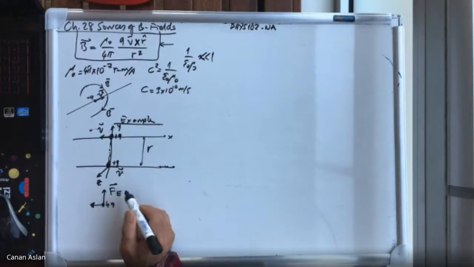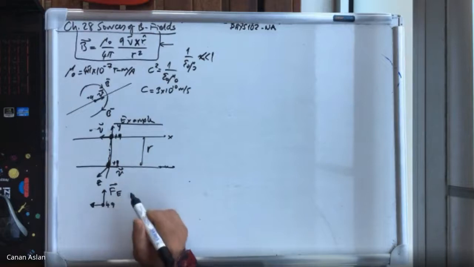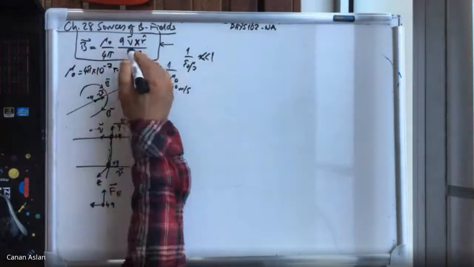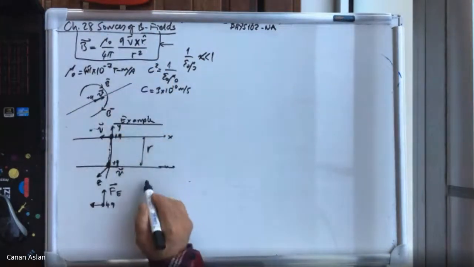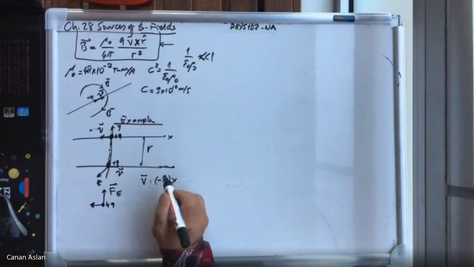What about the magnetic field? For the magnetic field, we see that it will be, again, in the same direction, because velocity is in the minus x direction, so velocity is in the minus i direction, cross r.